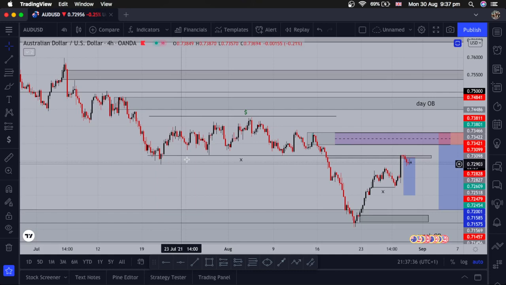And here there was buy limits and buy stops, and because every time it gets to this level, it goes up, the retails were buying this support line, and then look what ended up happening.